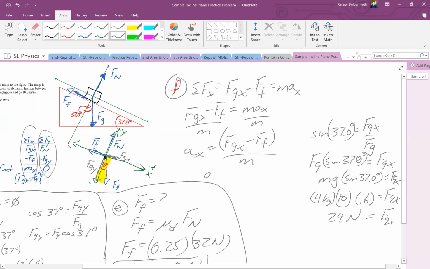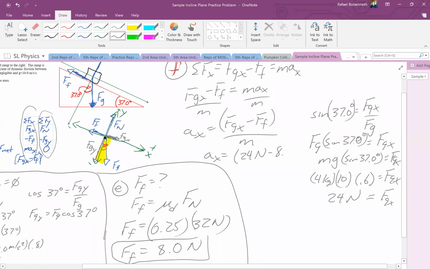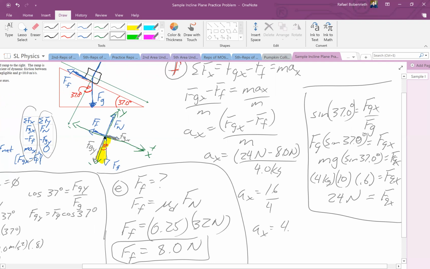So now I can substitute in here 24 newtons for my x component of the weight, the force of friction is 8.0 newtons, and the mass is 4.0 kilograms. All right, let me just cordon this off. And so I get 16 over 4, or the acceleration is determined to be 4.0 meters per second squared.